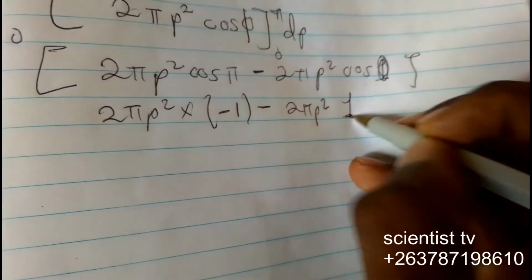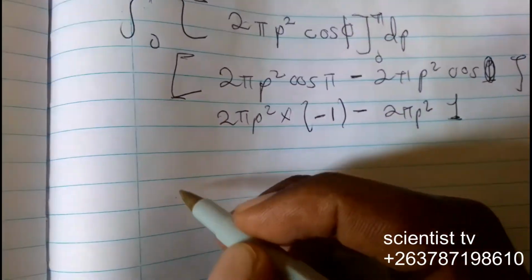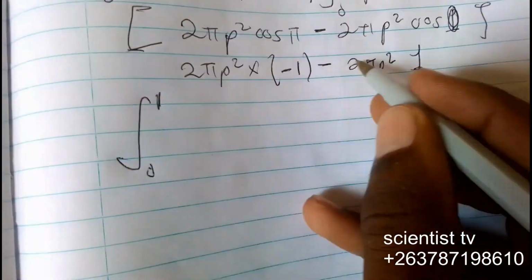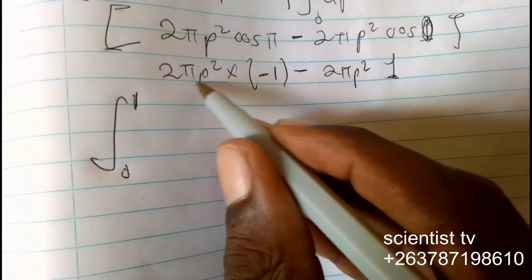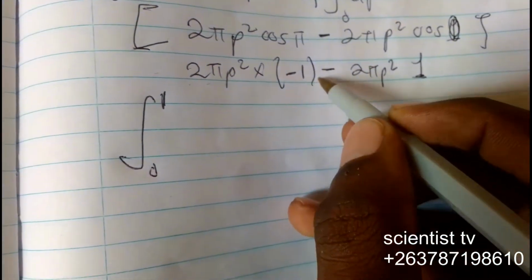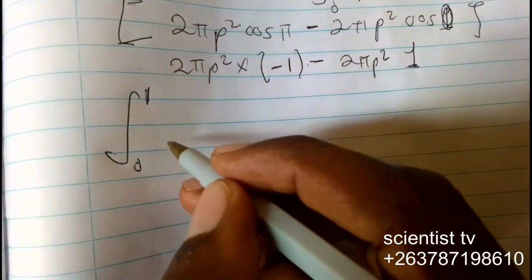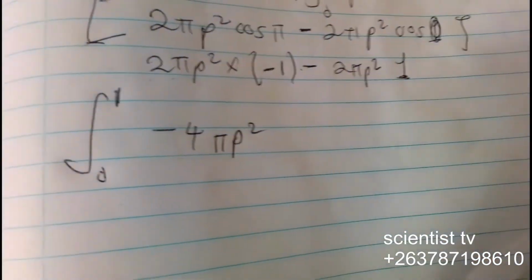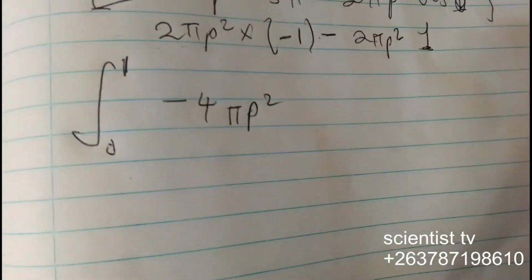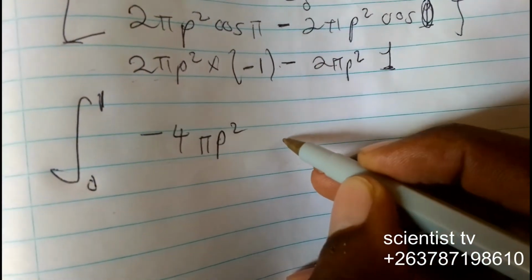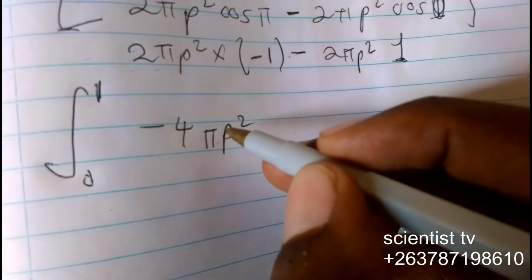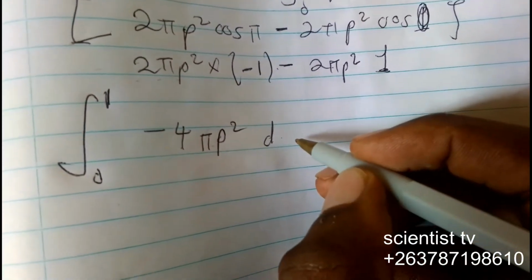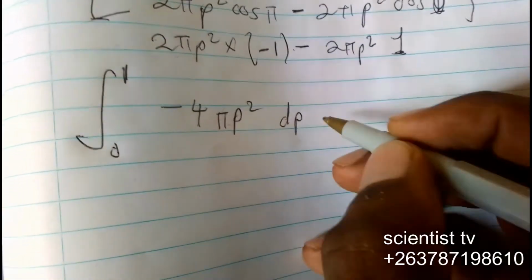Now we see, right? This leaves us with the integral from 0 to 1, and if we evaluate this, it becomes 2 pi rho squared minus 2 pi rho squared, which is minus 4 pi rho squared, in terms of d rho.